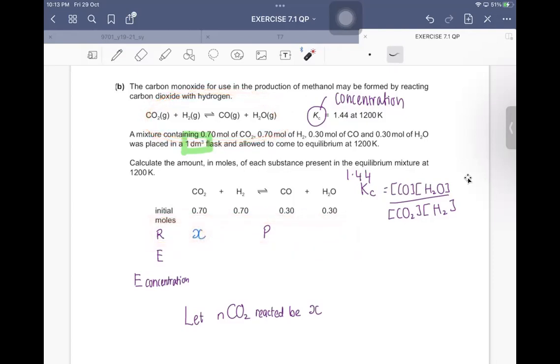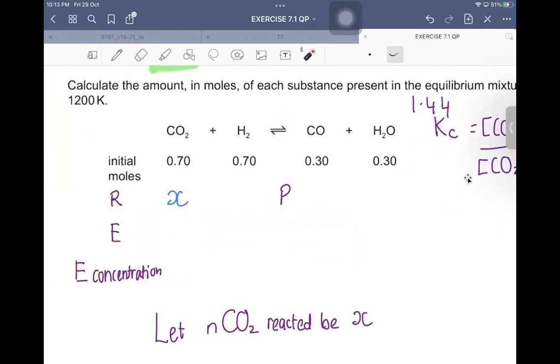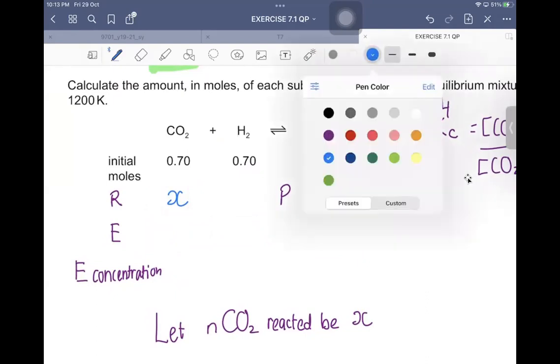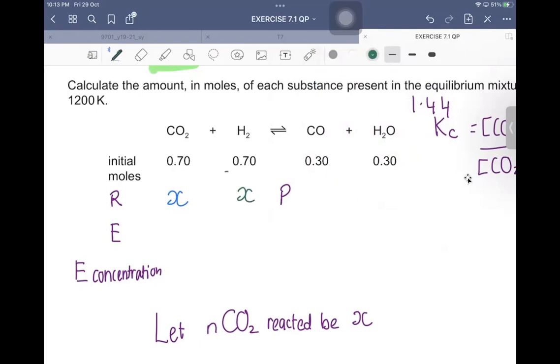So if my equation is telling me 1 mole of carbon dioxide would have reacted with 1 mole of hydrogen to form 1 mole of product, carbon monoxide, and 1 mole of water, H2O gas, that means if the number of moles of carbon dioxide reacted was X, the number of moles of hydrogen reacted would also be X, because carbon dioxide and hydrogen are 1 to 1.